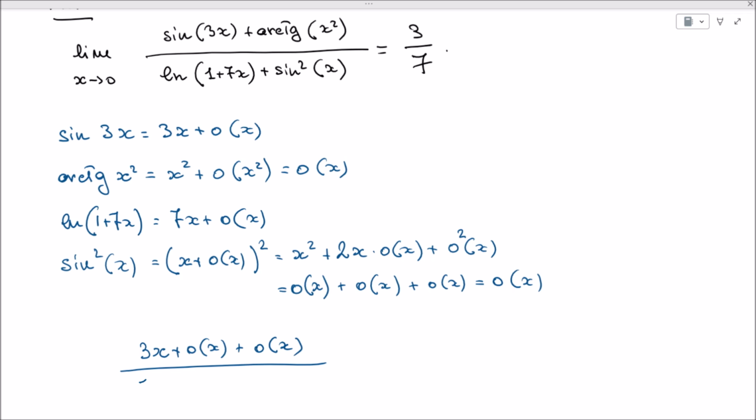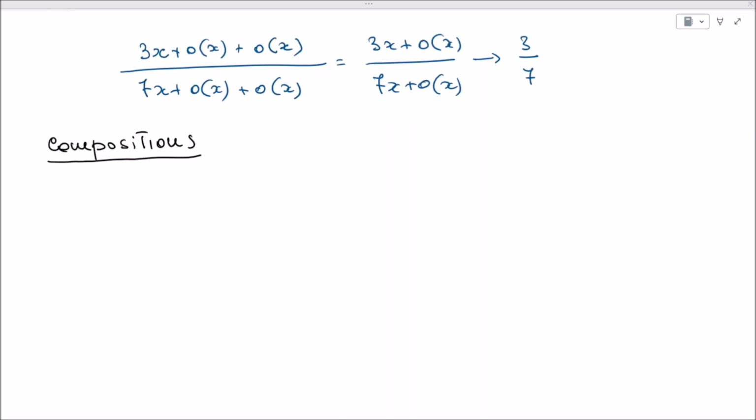And clearly this is just writing 3x plus little o of x divided by 7x plus little o of x. And clearly we know by the same process that this will converge to 3/7.